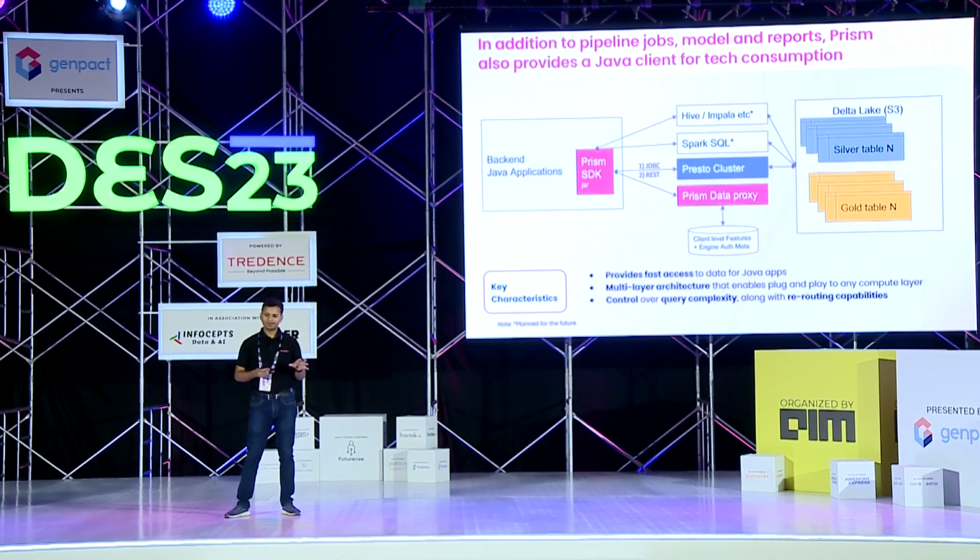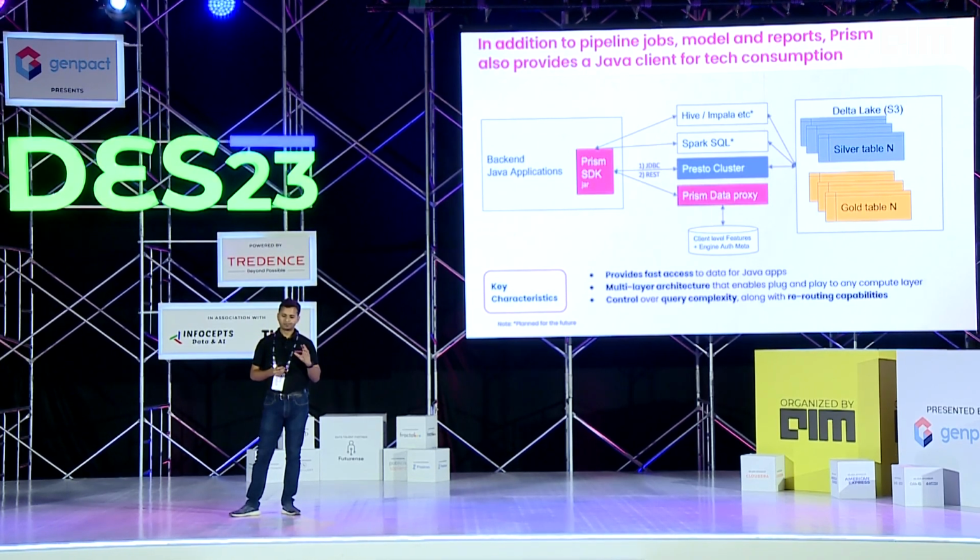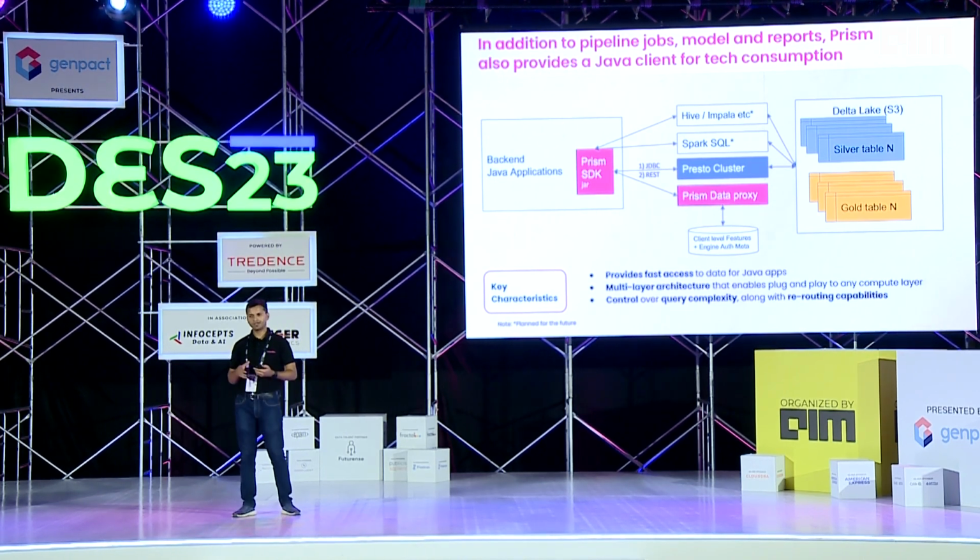Now, this is how we cater to the business analysts. On the data lake side, the data science team was able to read the data in their Spark jobs, in their feature engineering jobs. But what about backend applications which are relying on the data platform to run their data products?